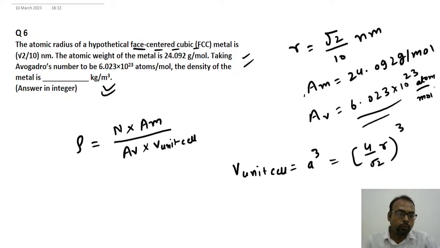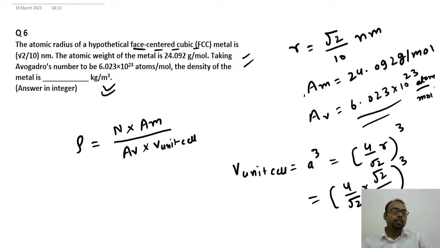So now we will do the same thing. We put here 4 divided by root 2 into root 2 by 10, whole cube, right? By putting this value, we get the unit cell volume, and this volume comes out to be 0.064 nanometer cube.